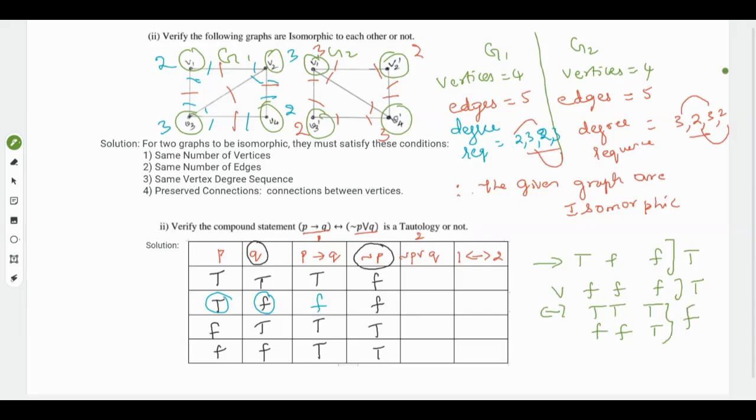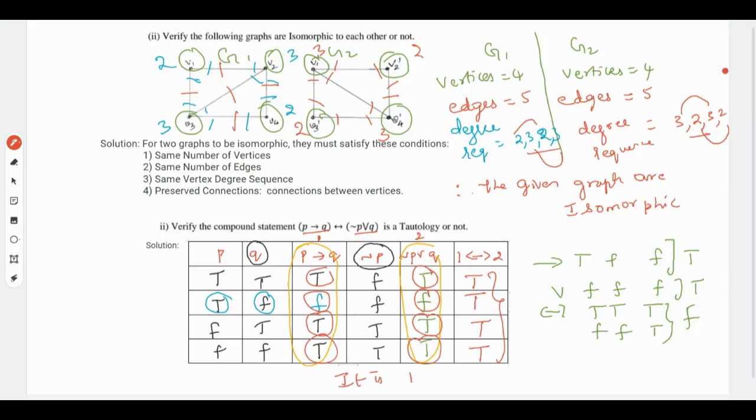So for negation P or Q, it is OR means F and F is F, otherwise it is T. Then for the last one we have to find for this with the second one, double implication: T and T it is T, F and F it is T, T and T it is T, and T and T it is T. Hence all the values are true.